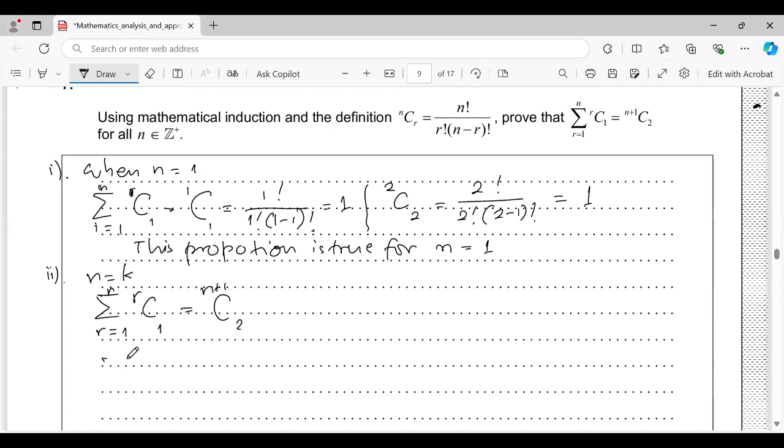It is true for r equals 1 to k because n equals k. So it becomes k, combination k plus 1, 2. So we have to assume that this proposition is true.